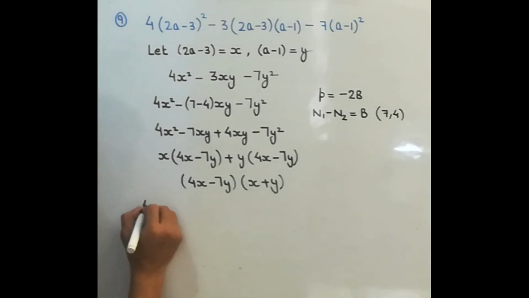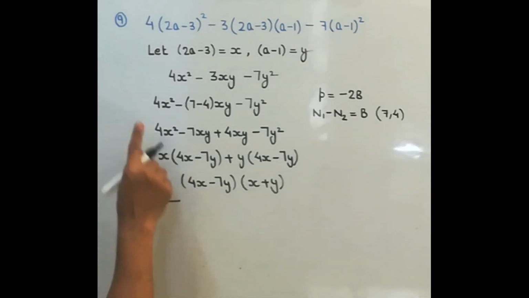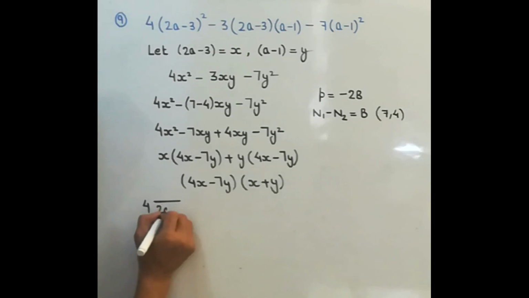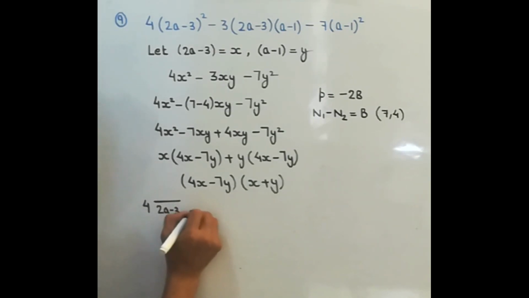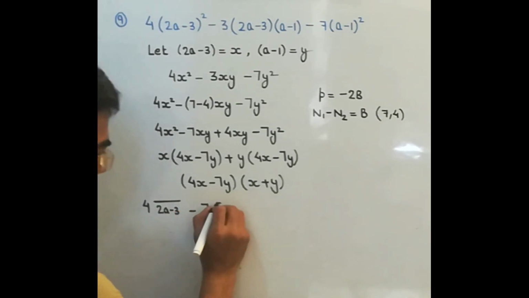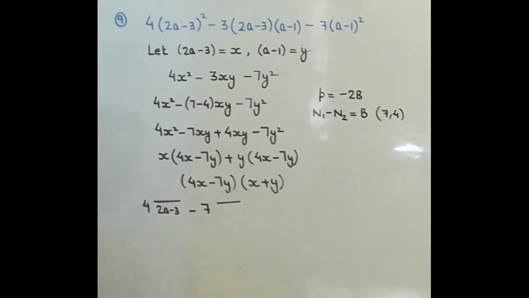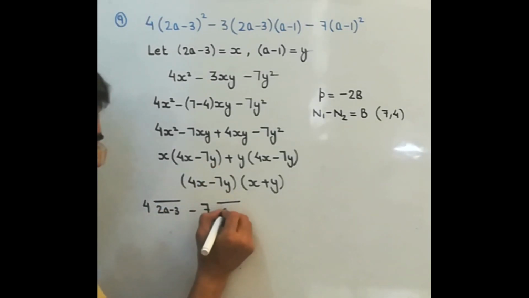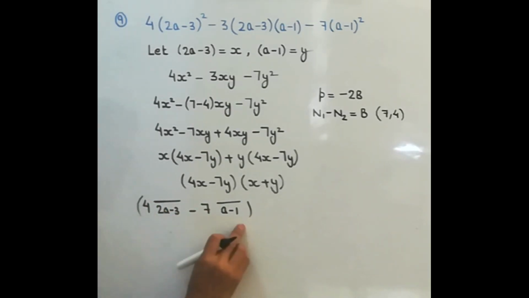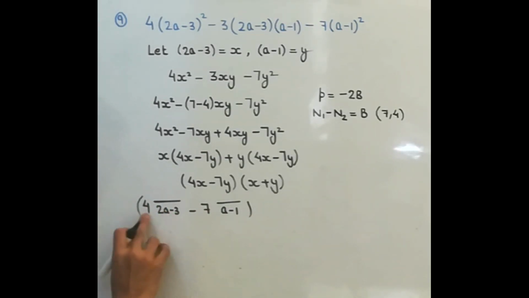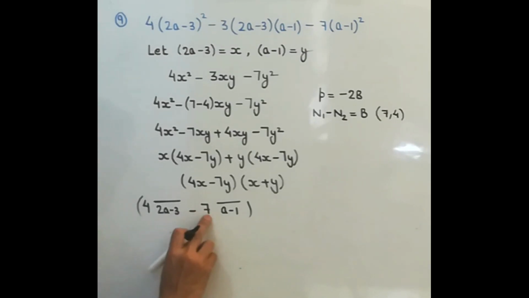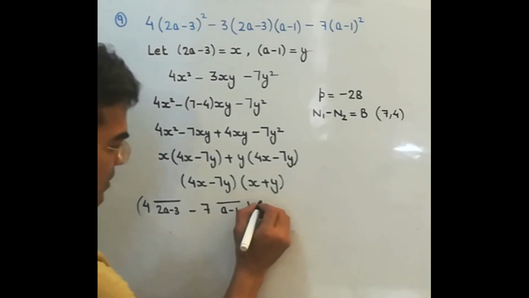So let us substitute 4 into bracket x, which is 2a minus 3, minus 7 into y, again in a bracket, and y will be replaced by a minus 1. This is within the first bracket. See, it was 4x, x has been replaced, minus 7y, y has been replaced.